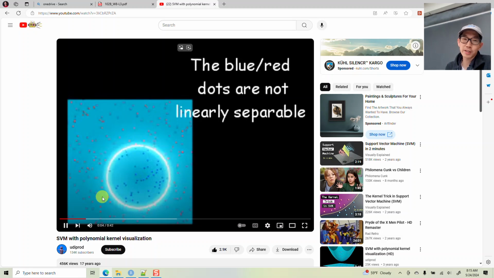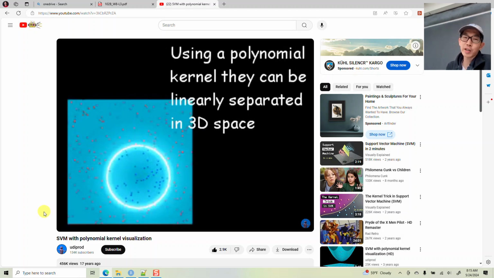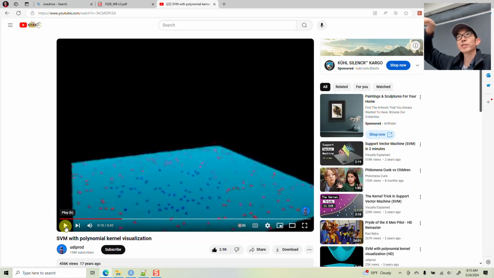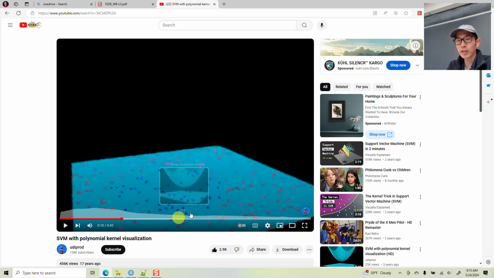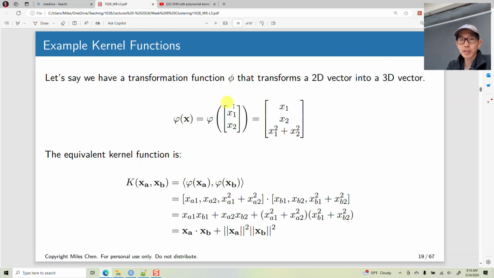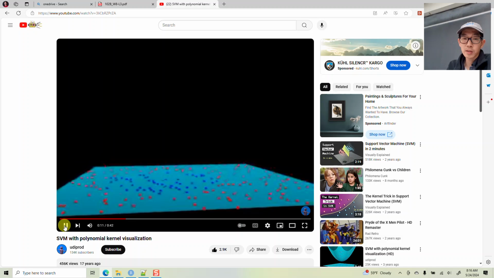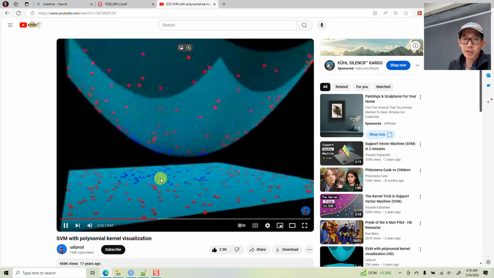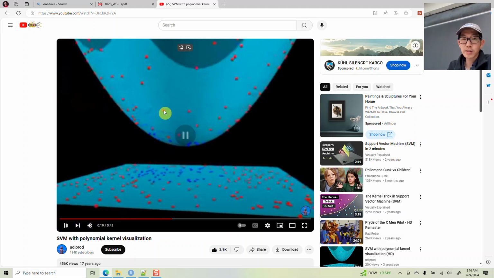The first example of SVM needed linearly separable values, but here we have blue dots in the center and red dots surrounding it, and we don't have a linear boundary that can separate these. But you could imagine applying this transformation function where we take each value in 2D and project it into a higher 3D space. When you project your 2D points into 3D, this is the resulting space.